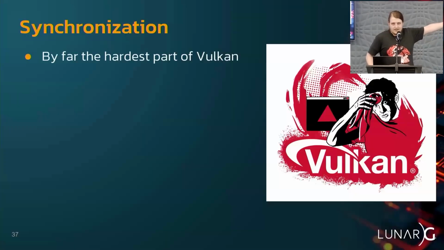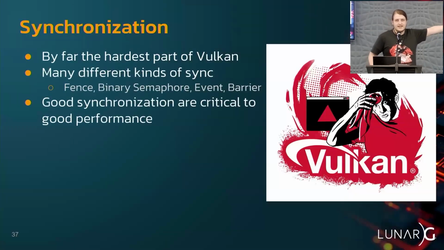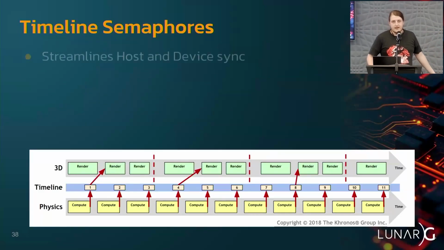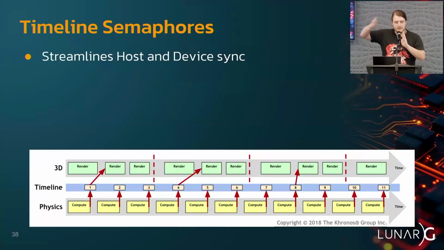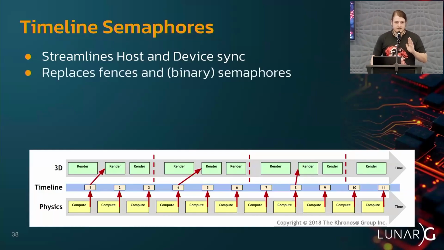Synchronization, many different kinds of sync. It's complicated. I think everyone who's tried Vulkan knows this implicitly, and I don't need to reiterate that. Timeline semaphores are the first step to making things easier by allowing you to have a single value that you just increment. VkQueues match well with this, because VkQueues are where you just push work, and that timeline semaphore can then just go, okay, I'm going to match it with a counter value.